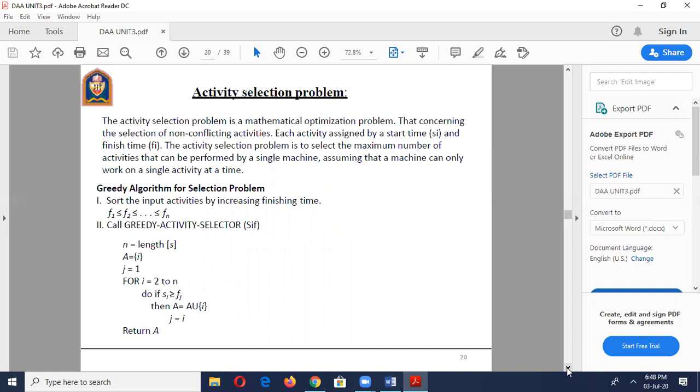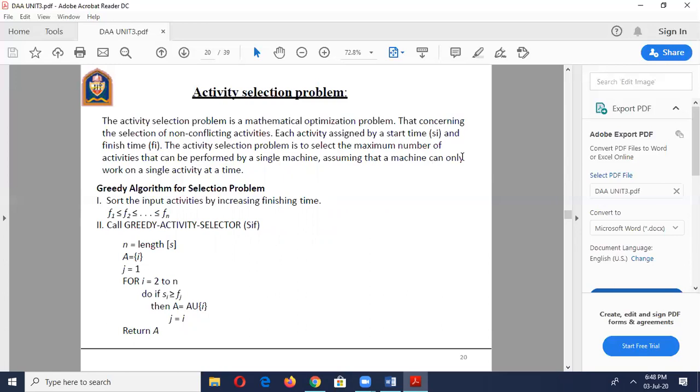First we are going to see the activity selection problem. The activity selection problem is a mathematical optimization problem concerning the selection of non-conflicting activities. The problem is to select the maximum number of activities that can be performed by a single machine, assuming that the machine can only work on a single activity at a time.